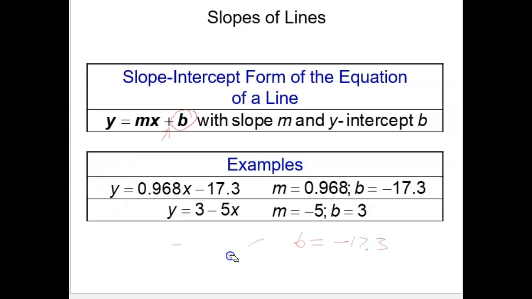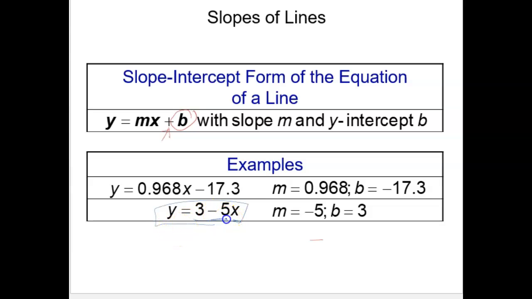So when you have an equation in this form, right away you can pick out the slope and the y-intercept. And when we look at the next one, y equals 3 minus 5x, now this one is tricky. The y is isolated, but it's not quite in slope-intercept form, but it's close enough.